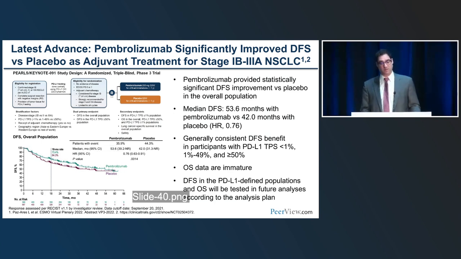This also included patients who were PD-L1 negative. As mentioned, Empower010 was the approval for PD-L1 1% or more. For these trials, the overall survival data are immature, but that's our ultimate goal, to improve overall survival. In this study, once again, there's some interesting data with the subset analysis, but overall the study was positive.